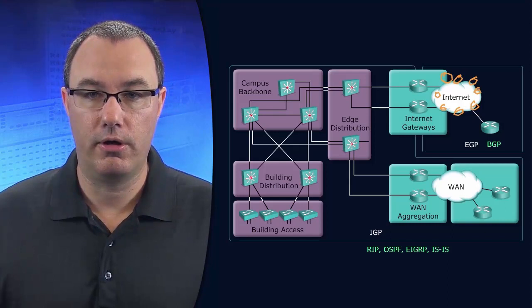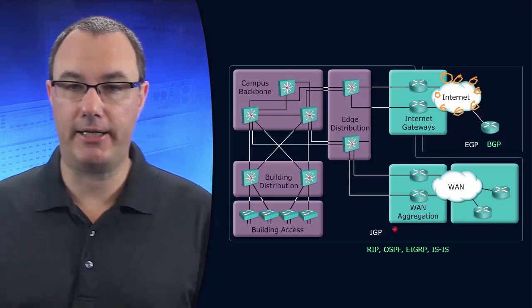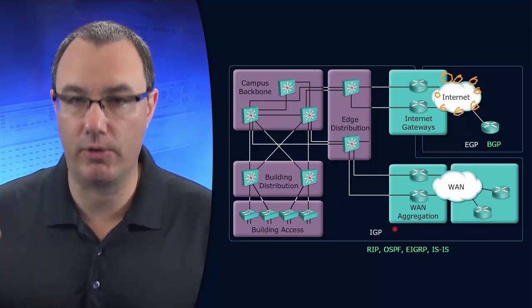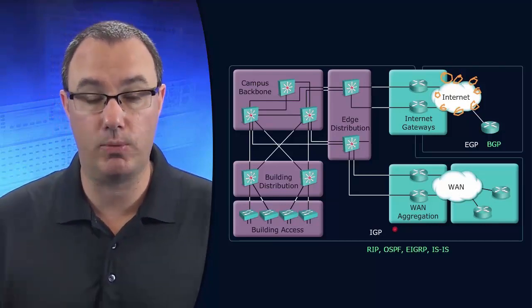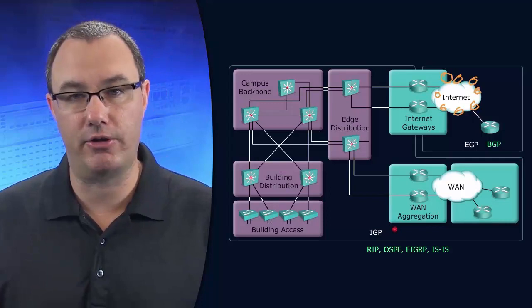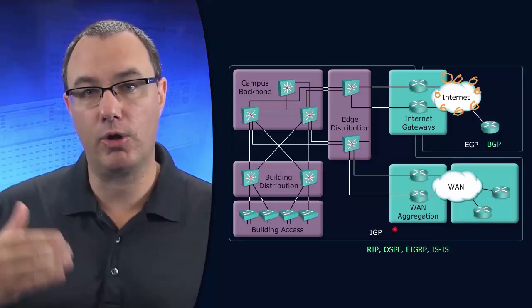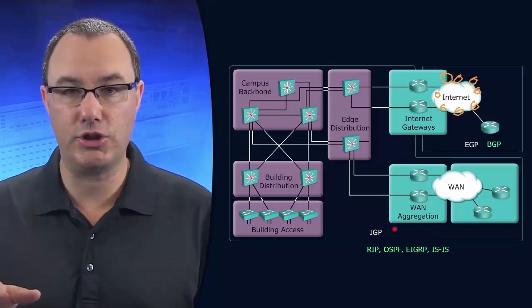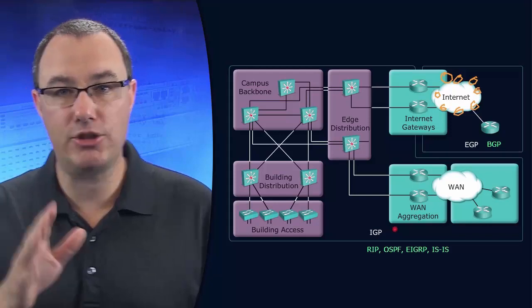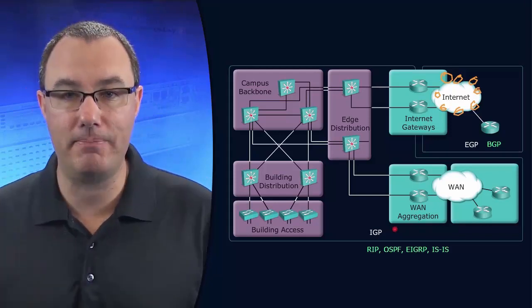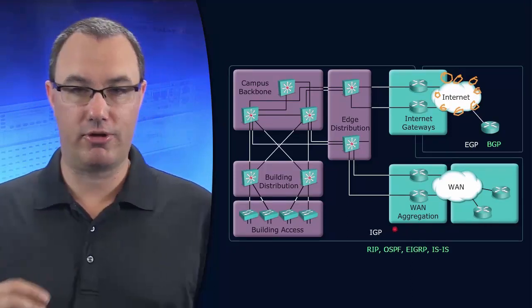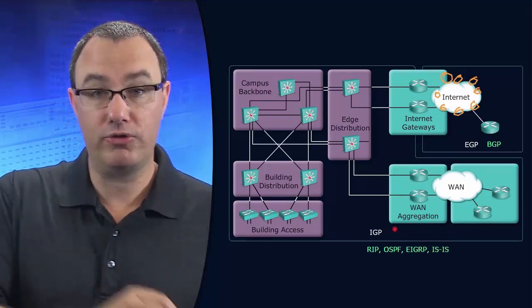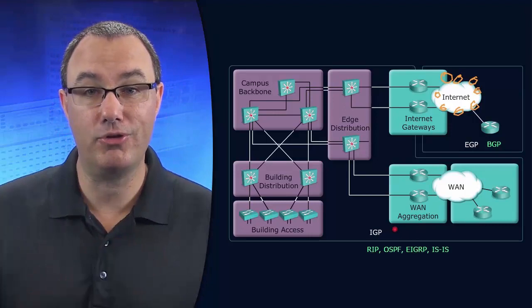So therefore, when we talk about an IGP, we're not sharing our routing information outside of our routing domain. We're just trying to keep it within our own organization, corporation, nonprofit, educational, government, whatever that may be. When you have IGP routing, you're just trying to advertise your own subnets from one place in your network to another.